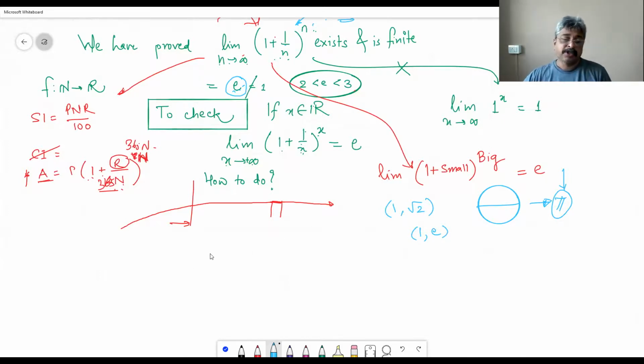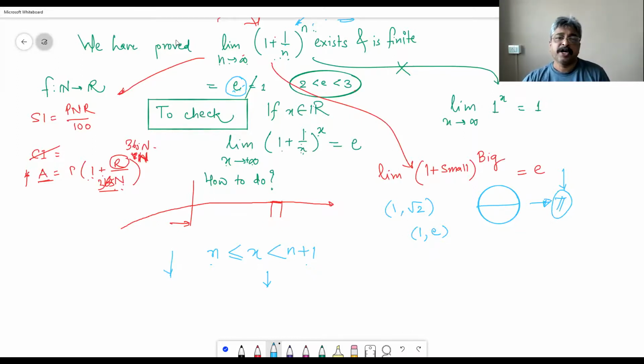Therefore, the first step could be n is less than or equal to x is less than n plus 1. You can always do this. Whatever value of x is given to you, you can always catch it between two consecutive natural numbers. And now you proceed and use the sandwich theorem to show that this limit is e, this side is e, and therefore in between also it must be e.